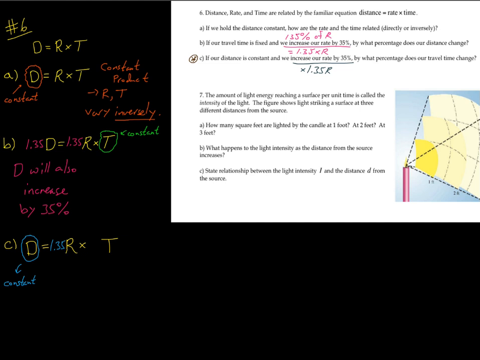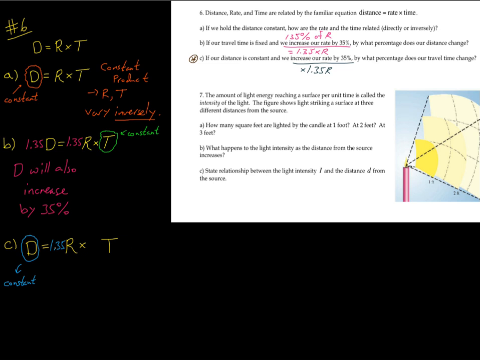So now what am I going to have to do to the time? Well, here the idea is, let's say I'm driving to a city, say 72 miles away. If I increase my rate, so I'm going faster, I'm going to get there in a shorter amount of time, right? So what exactly is the percentage decrease then in my travel time?